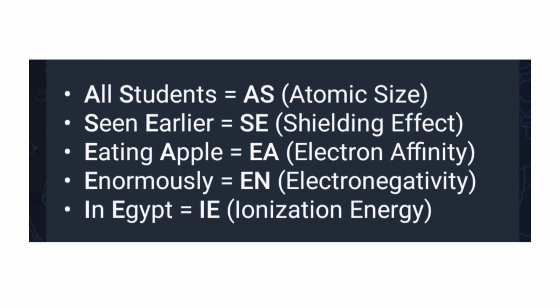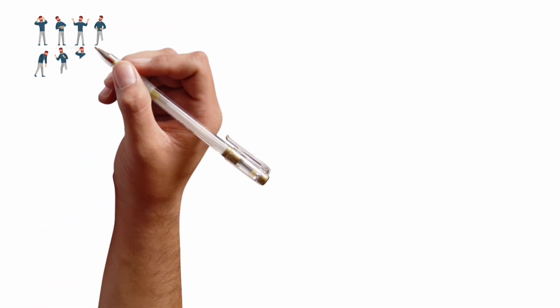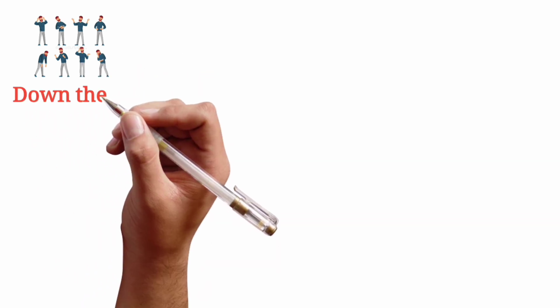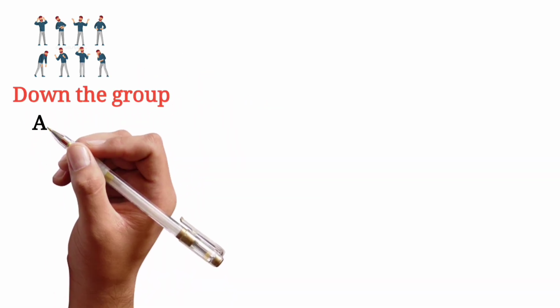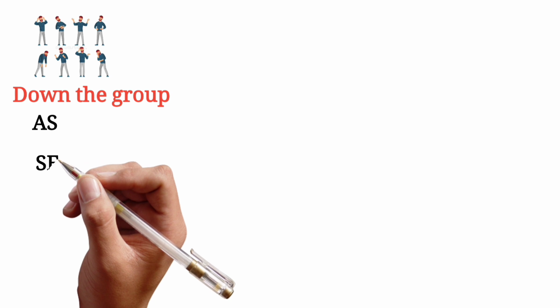How does this differ or vary down the group and across the period? Let's find out. We have a crowd of persons standing freely with a lot of space between them. Now let's move down the group from top to bottom.